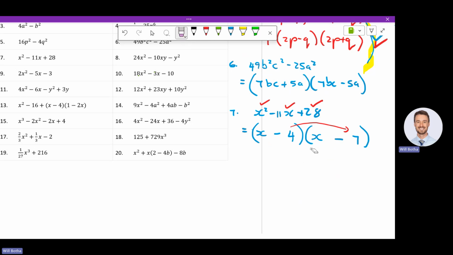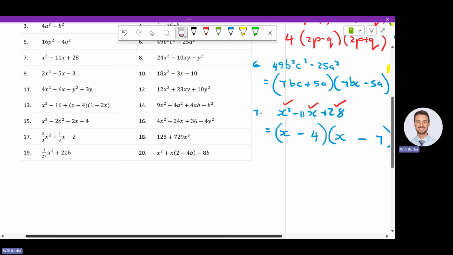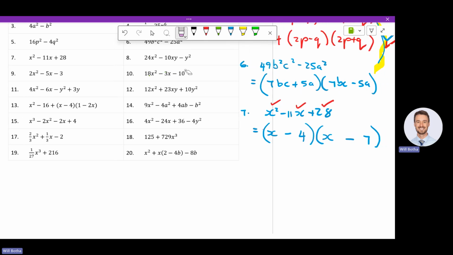I strongly advise this to everyone, and I know you'll just ignore me, but please test your answer. It doesn't take a lot of time. Test your answer to see, did I make a sign error? We saw on Monday that we are very prone to making errors with a negative sign. All right, that was number 7.